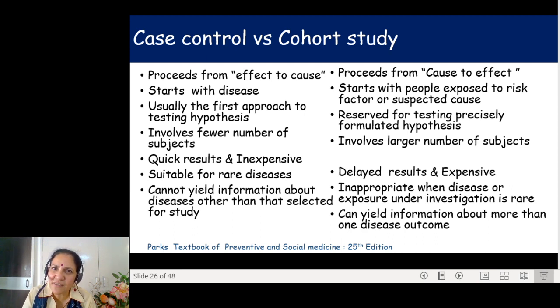For rare diseases, the case control study would be preferable, and a cohort study is inappropriate when the disease or exposure under investigation is rare. The case control study cannot yield information about diseases other than that selected for study, whereas a cohort study, because it's forward in time, can yield information about more than one disease outcome.